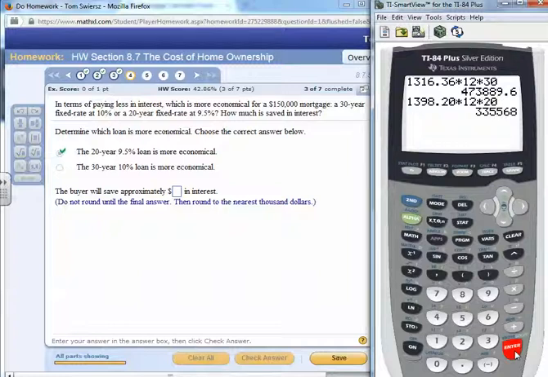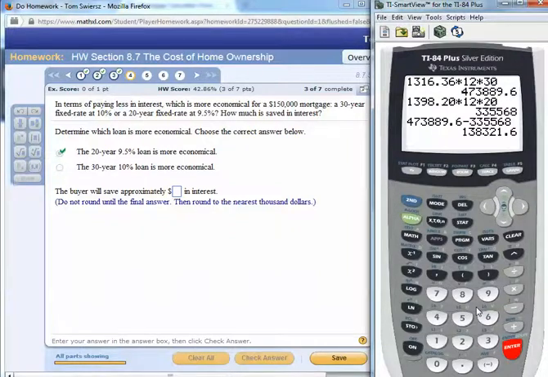Now, how much will the buyer save? So we're going to subtract the two. The 30-year was $473,889.60 minus how much they spent for the 20-year option, $335,568, and we get the difference.